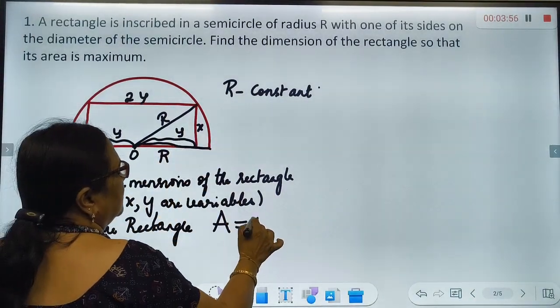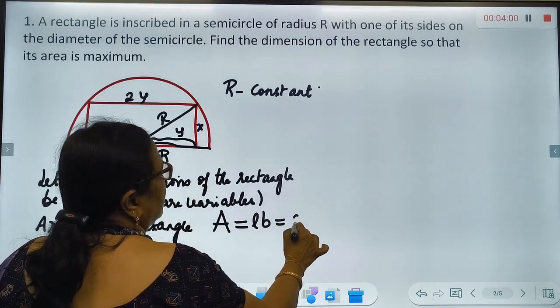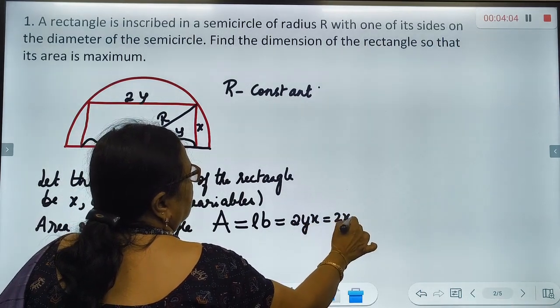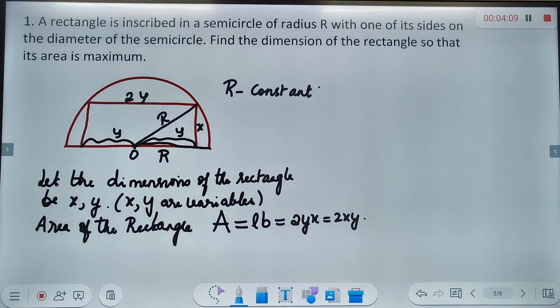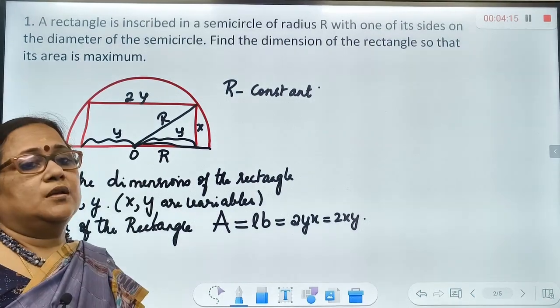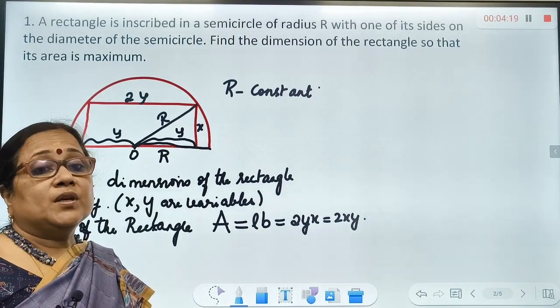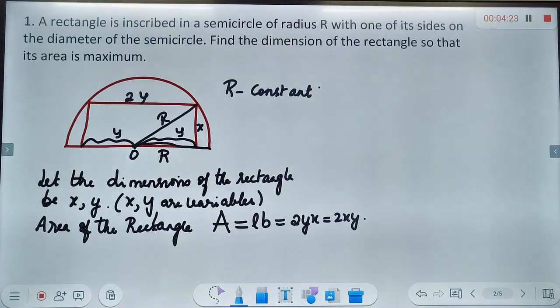Length into breadth, where length is 2y and breadth is x. So area is 2xy. We want to maximize the area. We want to find that rectangle, of all the rectangles that can be inscribed within the semicircle whose radius is capital R, whose area is maximum.